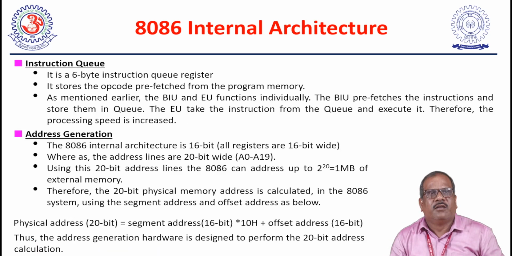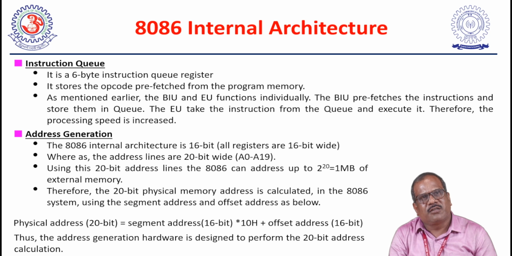Next, in the BIU there is another block, the instruction queue. The instruction queue in the 8086 is 6 bytes. It stores the opcodes prefetched from the program memory. That is, prefetched values are always stored in the instruction queue.